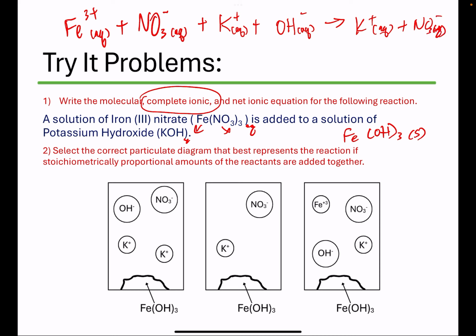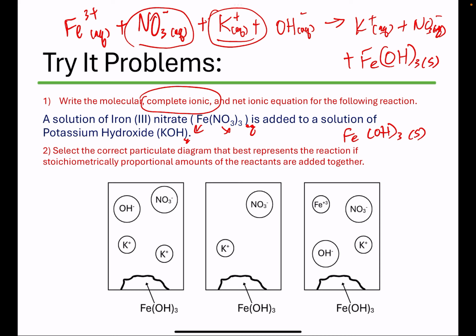These two, as referred to on the solubility chart, are always going to be dissolving in water. And then lastly we have our precipitate, which is our iron hydroxide. So this should be solid.